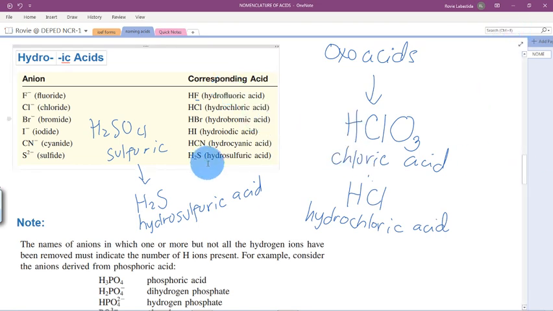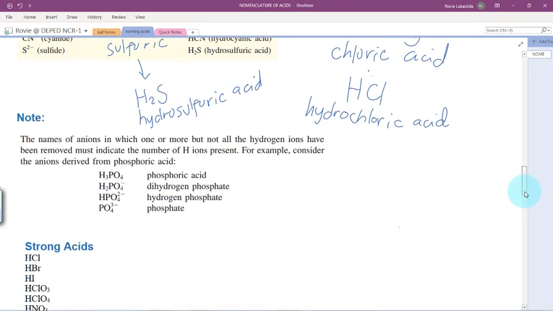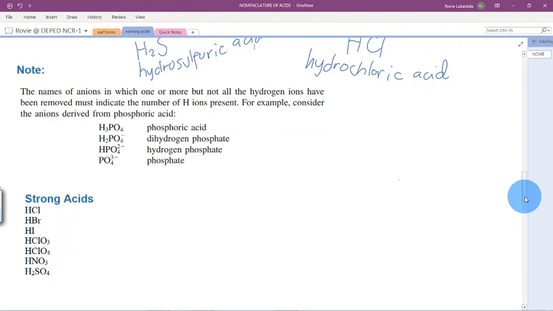Now, these hydroic acids were formed from the reaction of the anions with hydrogen ion. Just so you know. Now, let us also discuss the names of anions in which one or more but not all hydrogen ions have been removed.